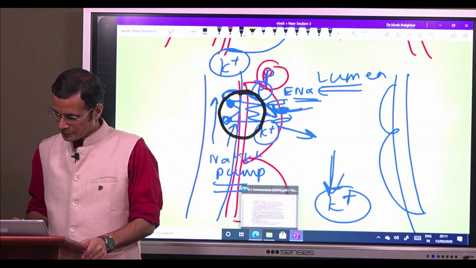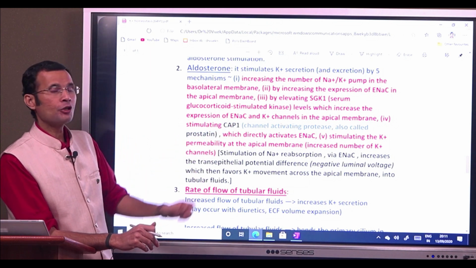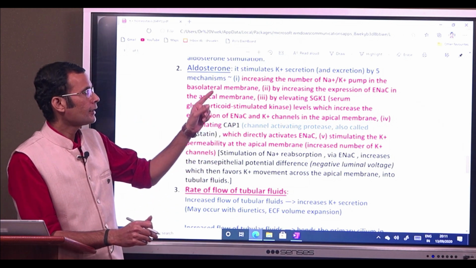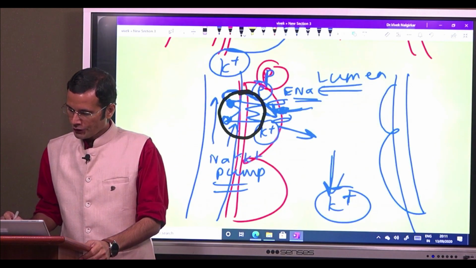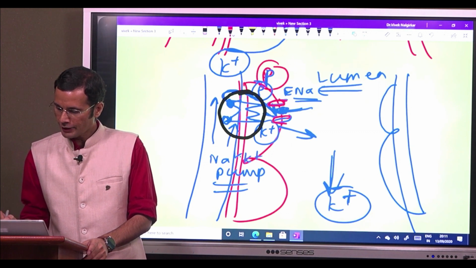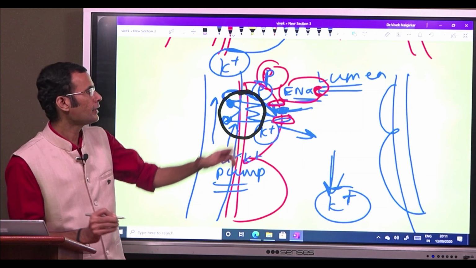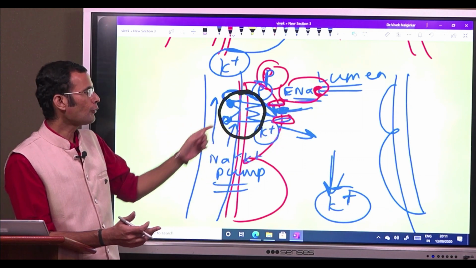That's one mechanism. The other mechanism, increasing the expression of ENaC, epithelial sodium channel, in the apical membrane. Right, this apical membrane has ENaC. ENaC is epithelial sodium channel. Now, if those numbers increase, what will happen?